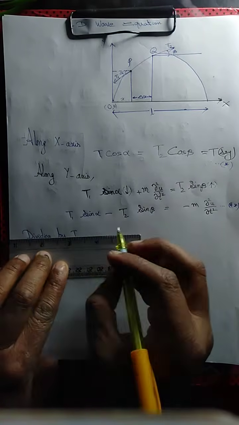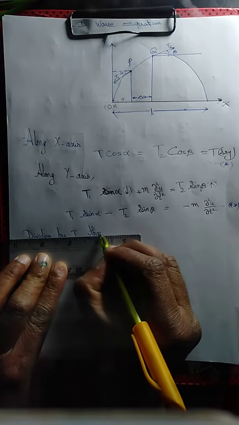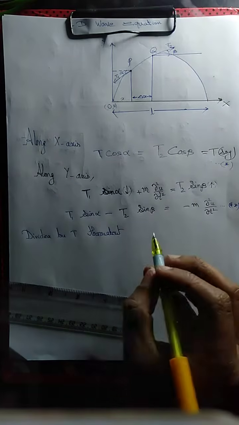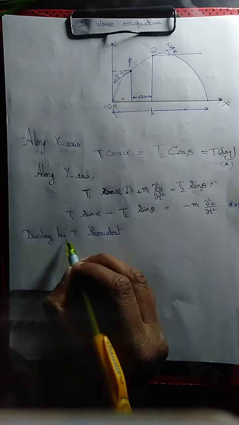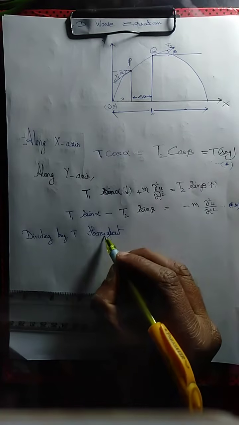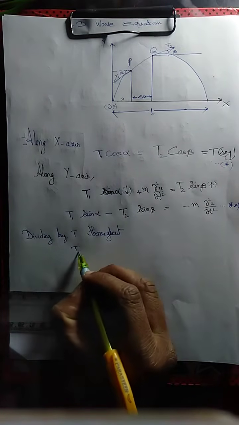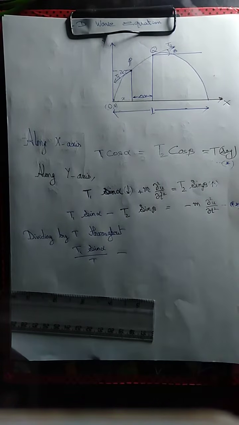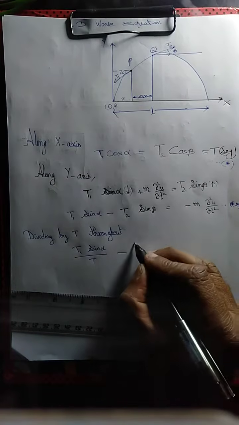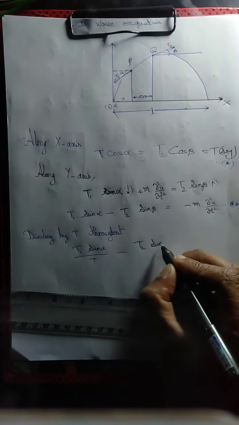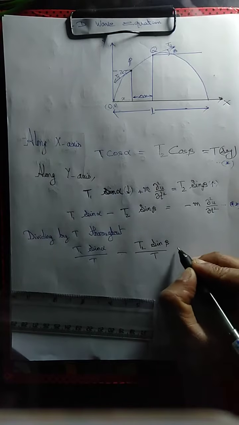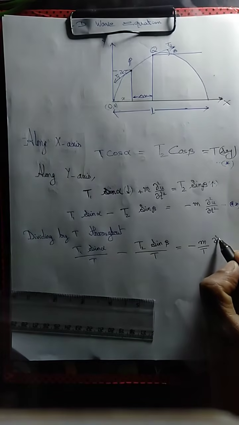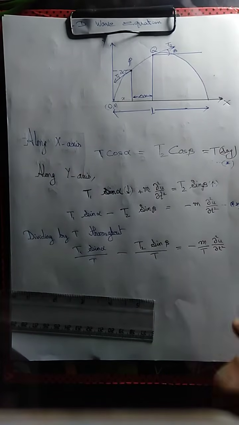Throughout means we divide each of these by T. What do we get? T1 sin alpha by T minus T2 sin beta by T equal to minus M by T del squared u by del t squared.